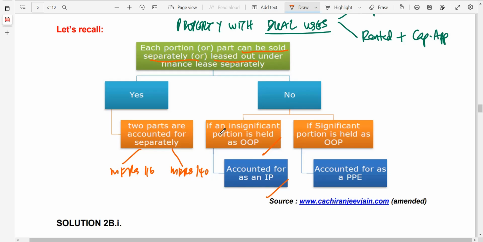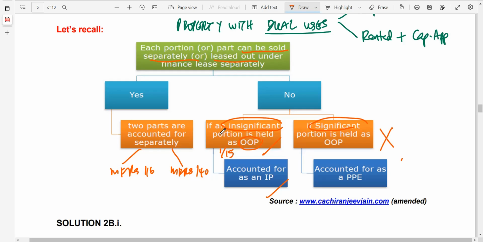So in our case, it is 1/15 that was used as owner occupied property. And therefore, we can account that as an IP because only 1/15, which is an insignificant portion. However, if the portion held for owner-occupied property is significant, the whole property will be accounted for as PPE.